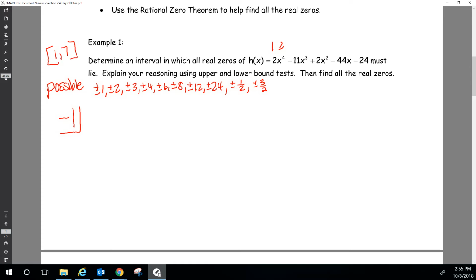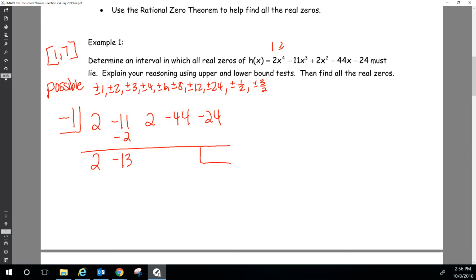For -1, I put in 2, -11, 2, -44, -24. If this is a lower bound, my signs down here should alternate between positive and negative. So bringing down a 2, 2 times -1 is -2, minus 11 is -13, times -1 is 13, plus 2 is 15, times -1 is -15, so that's -59.